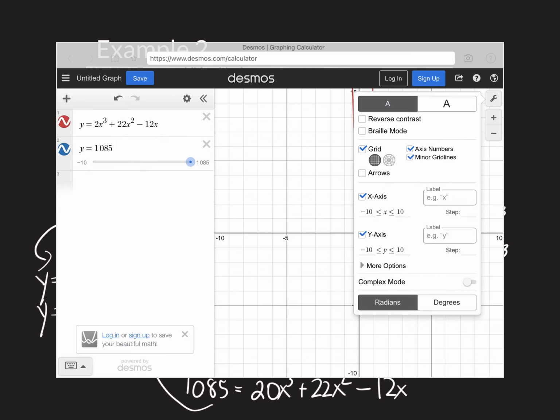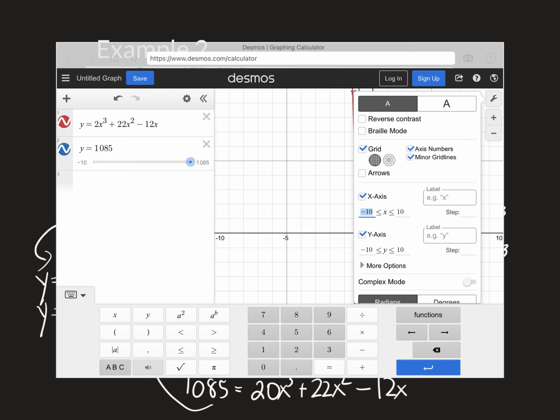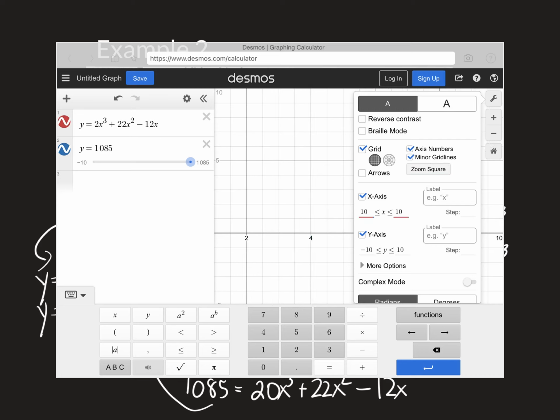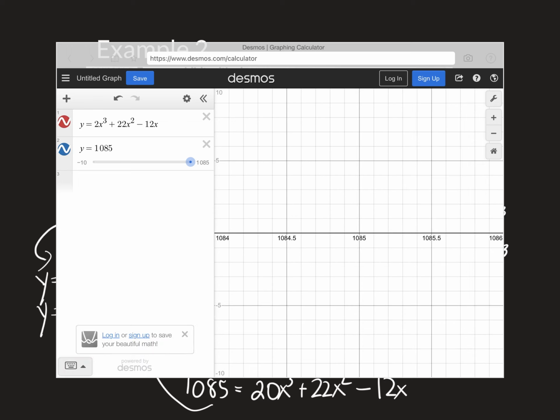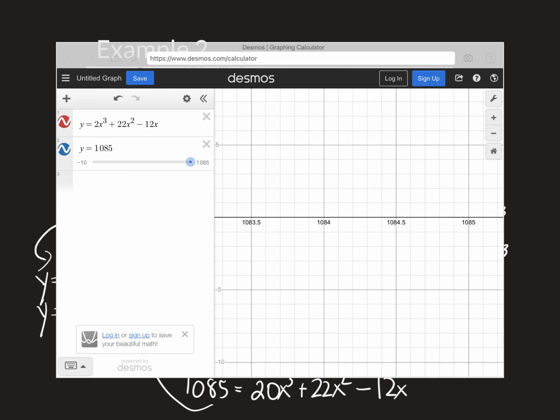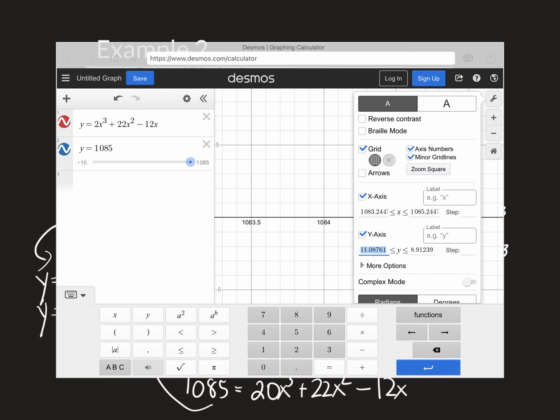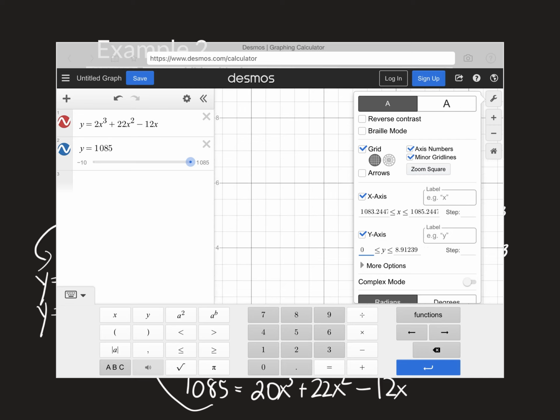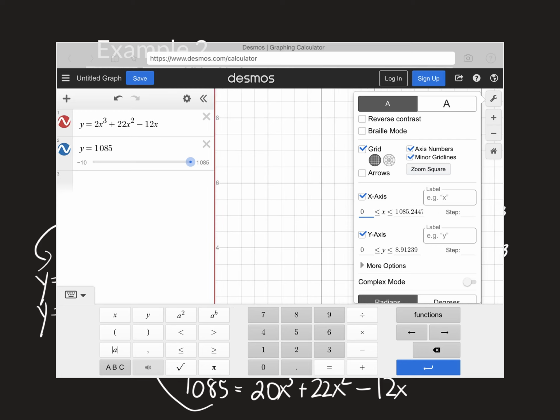I'm going to go to my tools, and I'm going to make my x-axis be from 0 to 10.